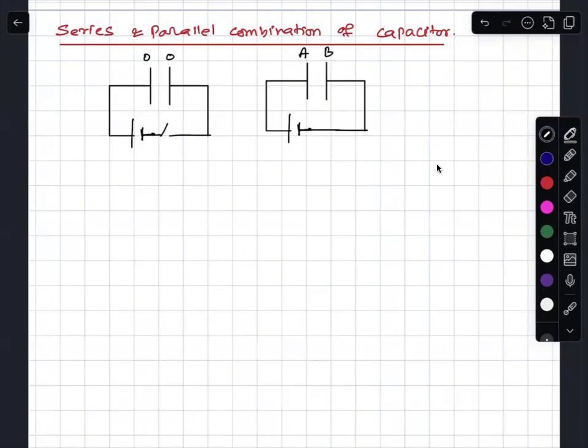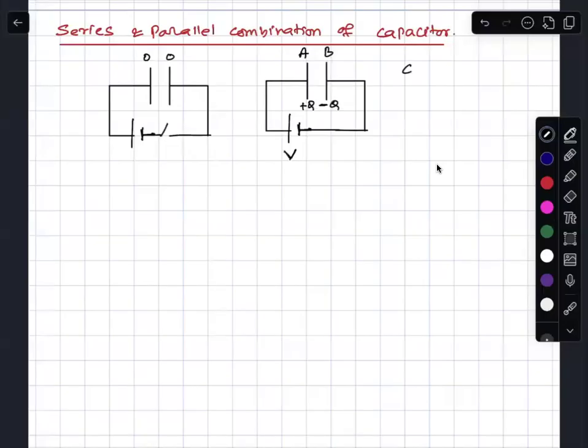If you see, actually what is moving externally is electrons. How long will this take? Instantaneously. Suppose the EMF of the cell is V. In no time, you will get negative charge minus Q on this plate and positive charge plus Q on this plate. This is how you will charge a capacitor, and it's instantaneous.